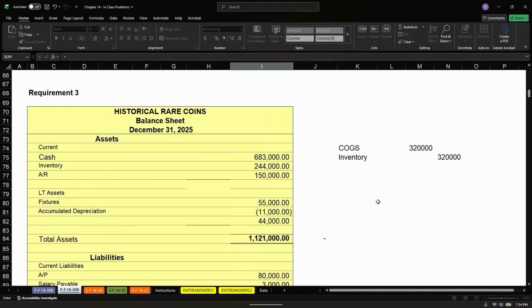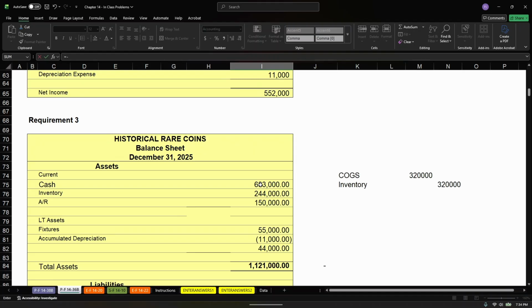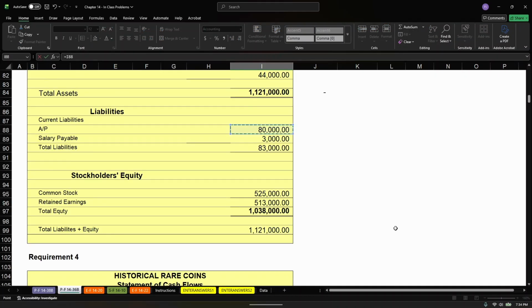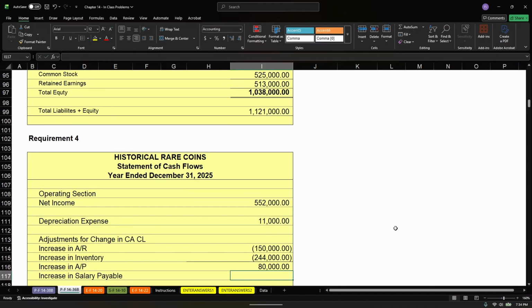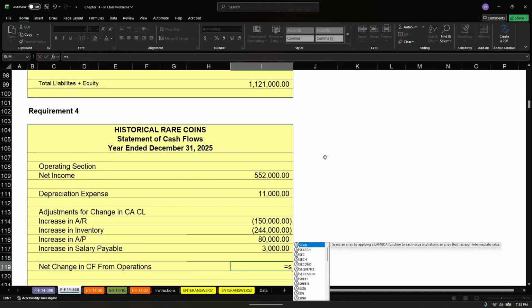So I'm just going to do equals negative sign, cell reference to accounts receivable, equals negative sign, cell reference to inventory. An increase in AP is the opposite because it's an increase to a current liability. It's going to be a positive adjustment to cash, so I'll just do a cell reference to that. Same thing with salaries payable. It's a current liability increasing. Now all I have to do is add all of these up.